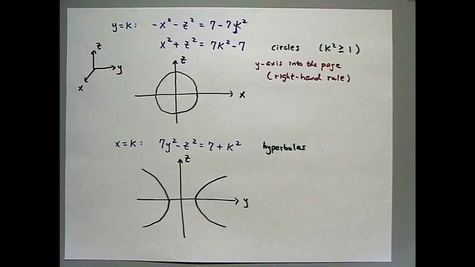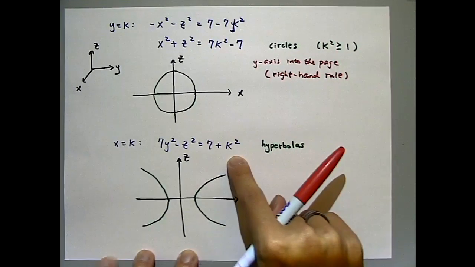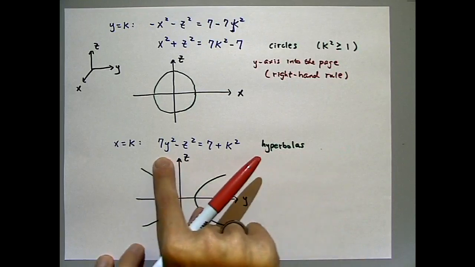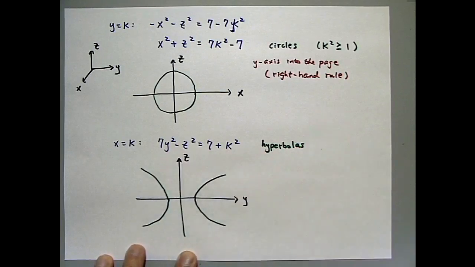Any restriction on k here? Can k be any number? What do you think? Yeah, the right-hand side is forever positive regardless of the value of k. So you have 7y squared minus z squared is equal to some positive number.